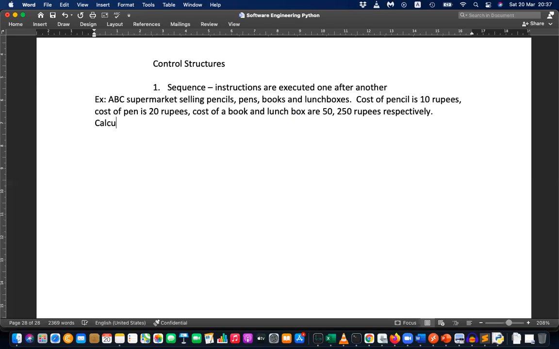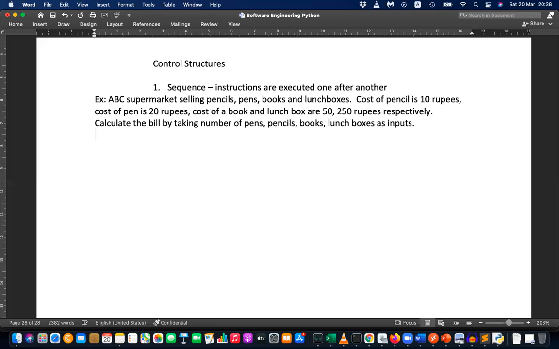Calculate the bill by taking the number of pens, pencils, books, and lunch boxes as inputs.